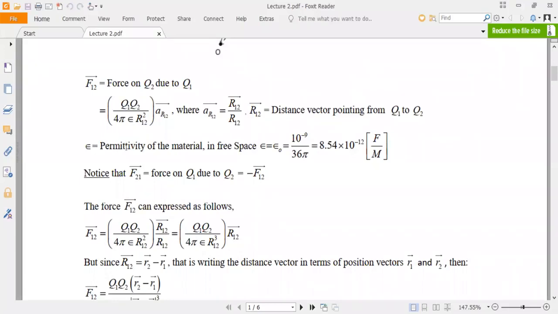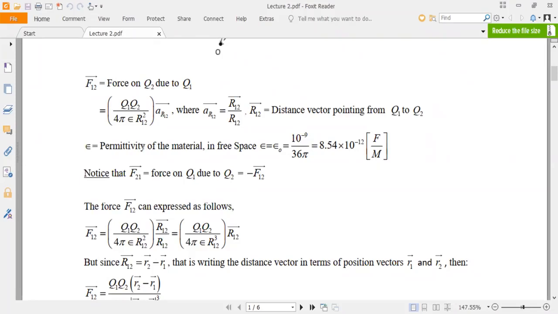We will talk about permittivity and permeability a little in brief in our subsequent classes, because we will not go into too much detail.